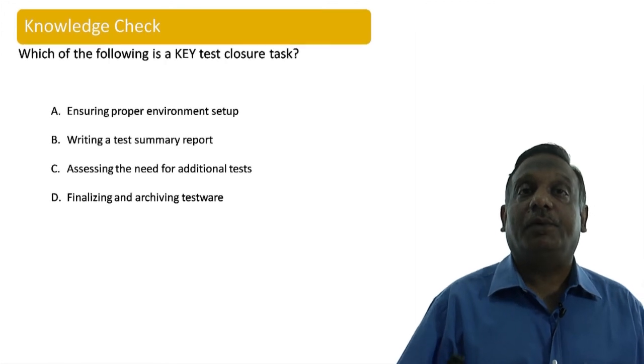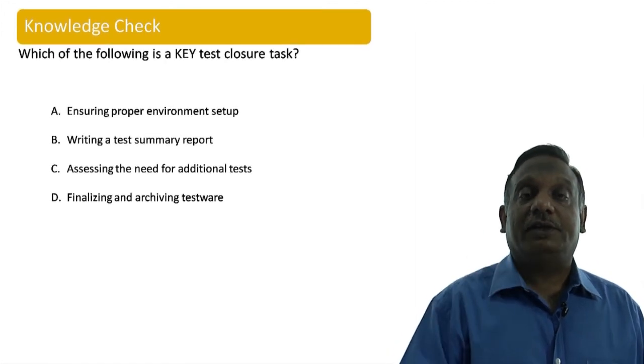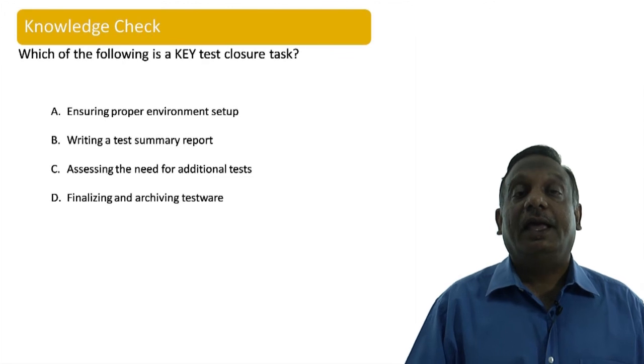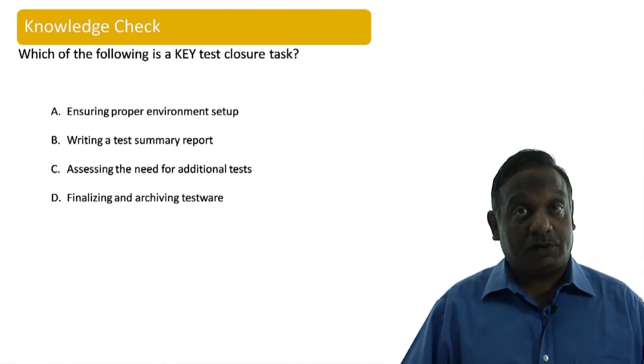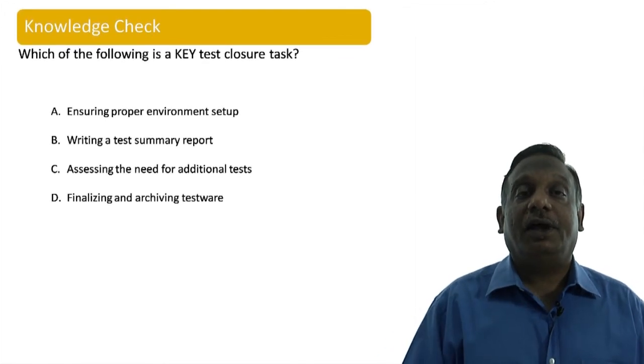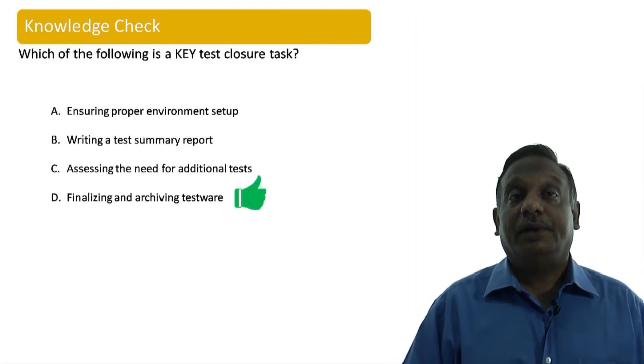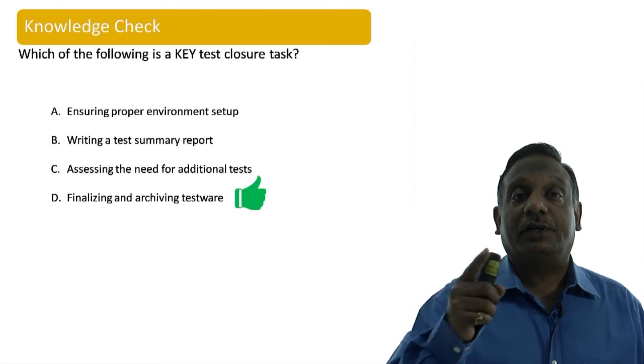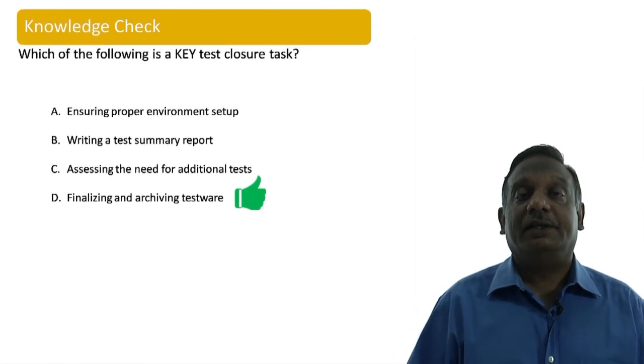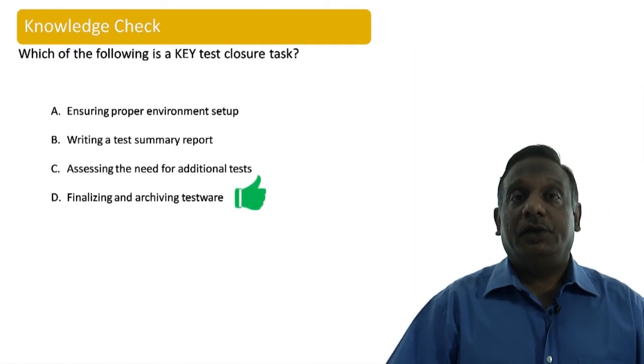Writing a test summary report will happen at the time of evaluation of exit criteria and reporting. Assessing the need for additional tests also happens at the time of evaluation of exit criteria and reporting. D is the right answer, that is at the time of test closure we finalize and archive the testware. So hope you have understood.